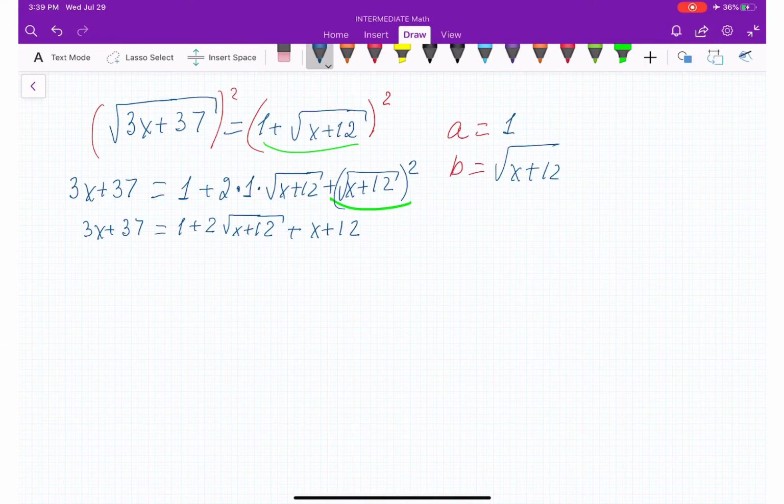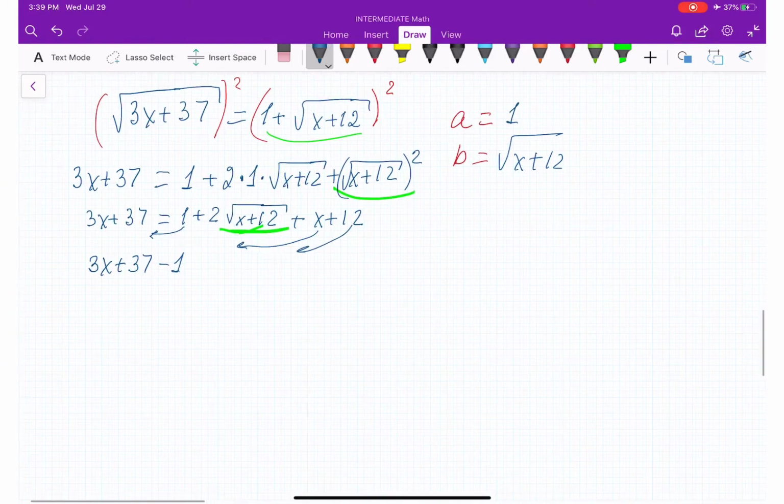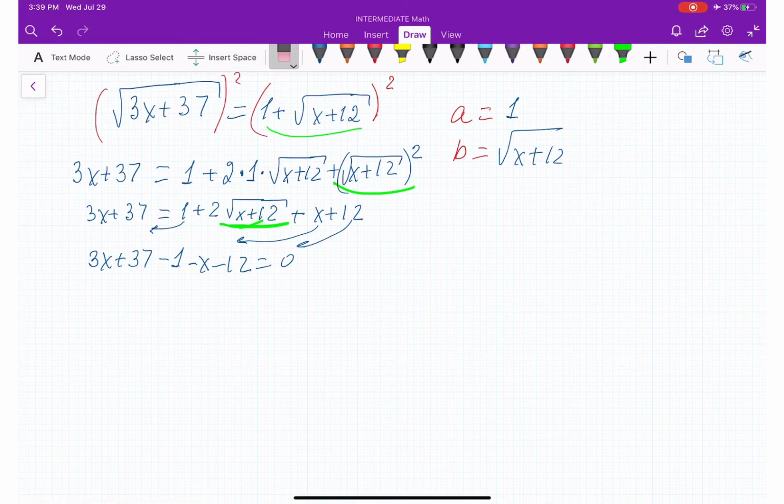Okay, so before we work out how to get rid of this square root, we need to clean here, I mean, combine like terms. So 3x plus 37, moving this 1, minus 1, moving this x, moving this 12, I'm getting minus x minus 12 equal to, what's going to be equal to?